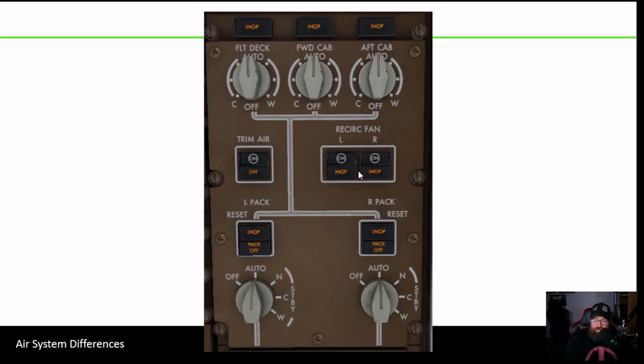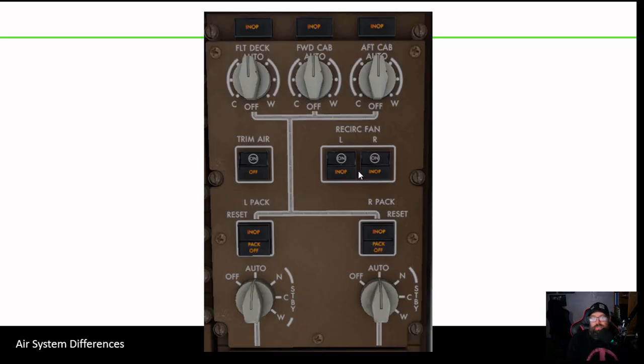On the 7.5, however, on the passenger carrying 7.5s, you're going to see two recirc fans just like you do here. You'll see left and right recircs. Primarily, the recirc fan is going to be used for equipment cooling. That's essentially what it's used for. Now, on the cargo 7.5s, there is a slight difference.